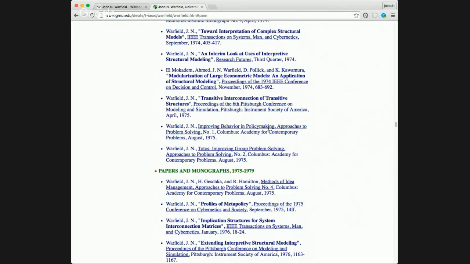So I'll just mention that some of Warfield's early books, let's pull those up here, are associated with computer design. And here we go. So let me bring up these first two.